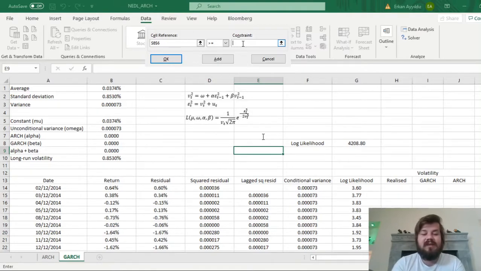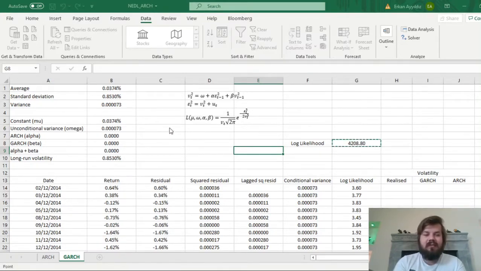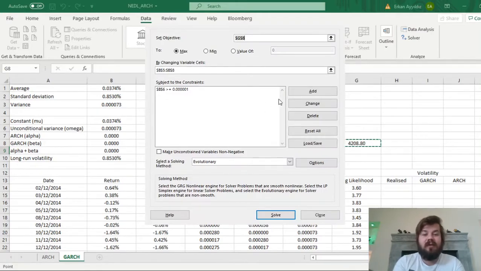Here we can set a restriction that omega is greater or equal to 1 millionth, a very small number, so 0.000001. And click OK and proceed to the restrictions on alpha and beta.